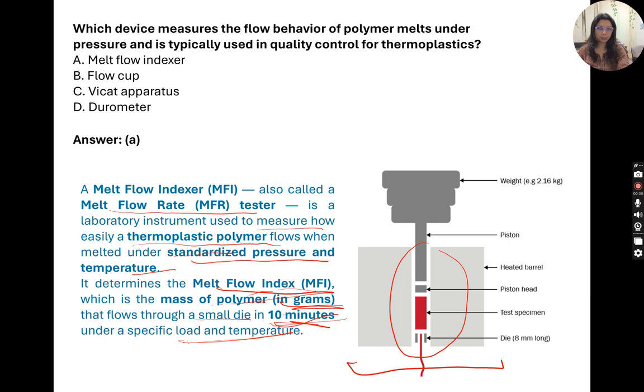Looking at the apparatus, this is the piston which moves the polymer, this barrel can heat, and this is the test specimen, the polymer. The polymer flows out, we collect it and measure its weight after 10 minutes. We use that weight to calculate the melt flow index, which is a very important property for injection molding and other processing of these thermoplastics.